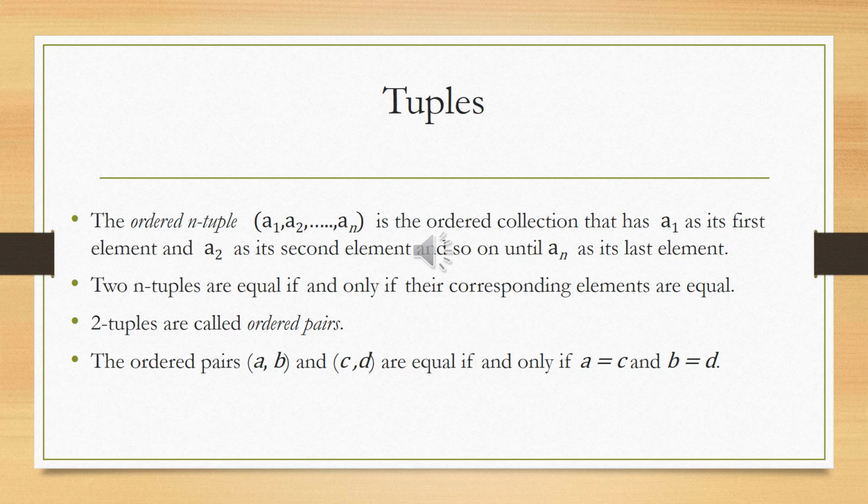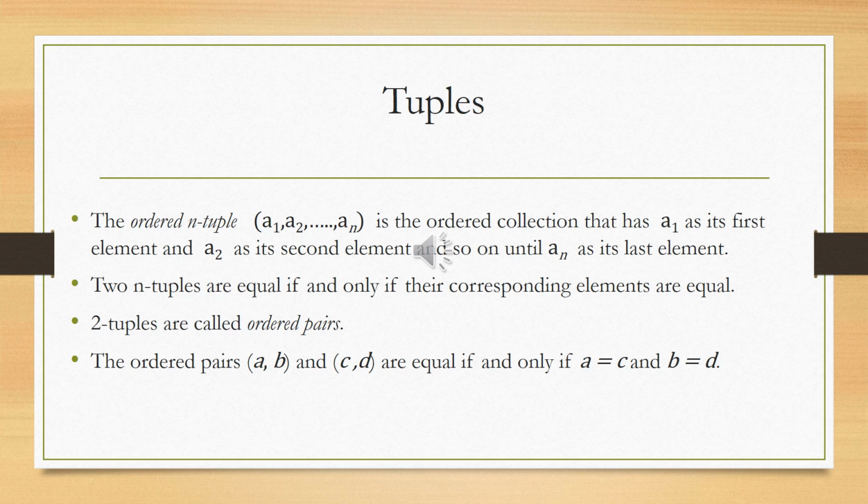The ordered n-tuple (a1, a2, all the way to an) is the ordered collection that has a1 as its first element and a2 as its second element, and so on until an as its last element. Two n-tuples are equal if and only if their corresponding elements are equal.